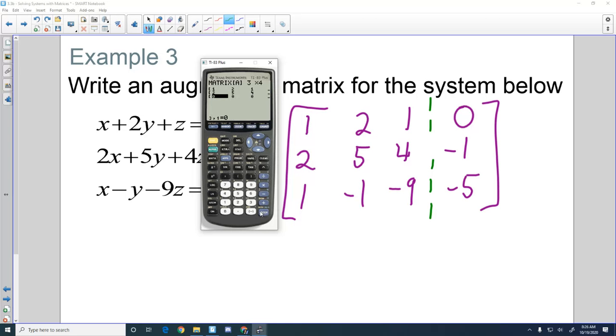Do not hit the minus sign, otherwise you'll get an error. And you can use the left and right arrow keys if the matrix goes beyond your screen, like here. I can just scroll to the left and right.